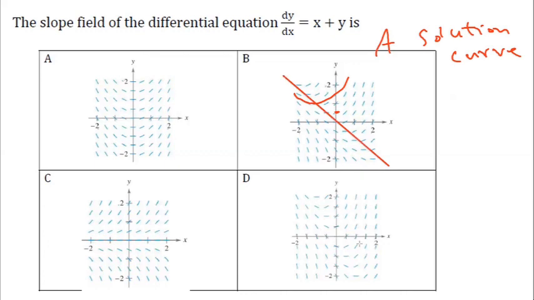It looks like it will be one of those horizontal segments, because those horizontal segments lie on the line y equals negative x, or x plus y equals 0, and at the same time they lie on a solution curve, because any solution curve will have to pass through one of those points.